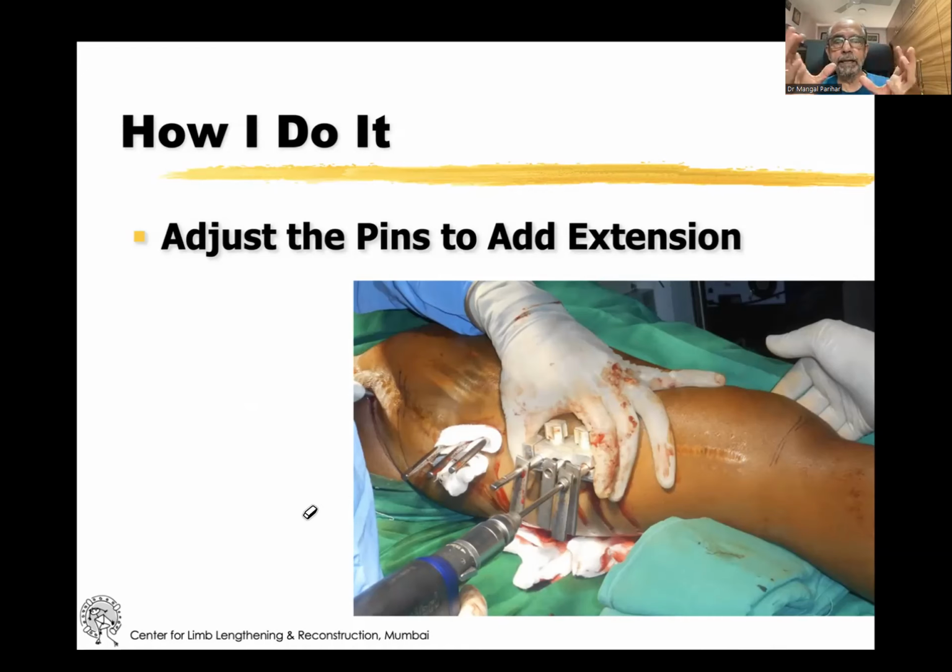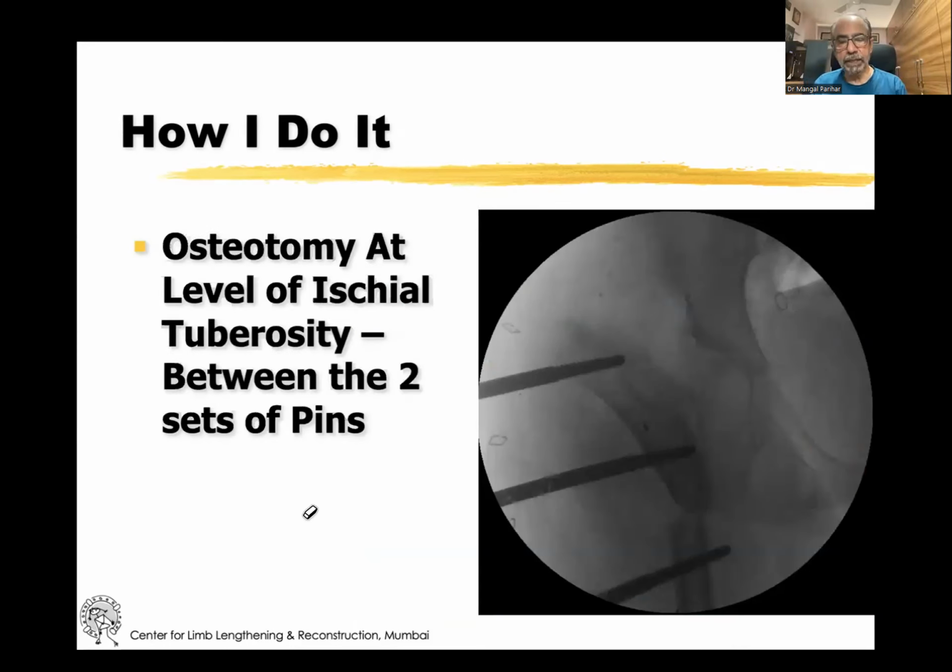I can correct any amount of flexion extension. This is more for hips that don't have a fixed flexion deformity. And that's where, again, the clinical examination becomes important. Those are things which cannot be estimated on X-ray, right?